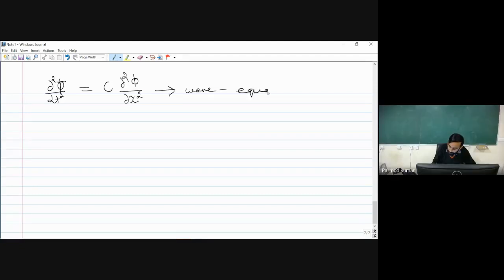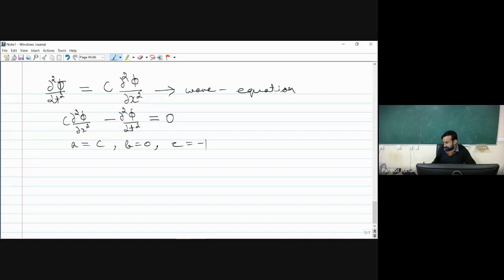So in this wave equation, I get c times del square phi by del x square minus del square phi by del t square equal to 0. What will be the values? A will be c, B will be 0, and C will be minus 1.